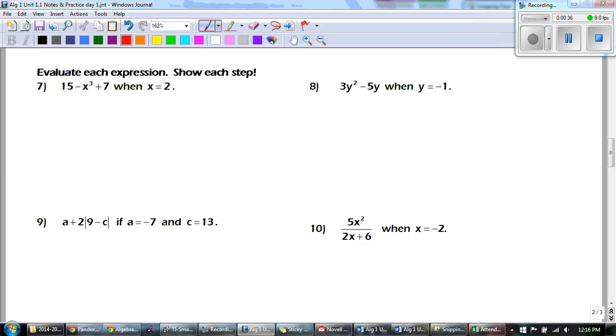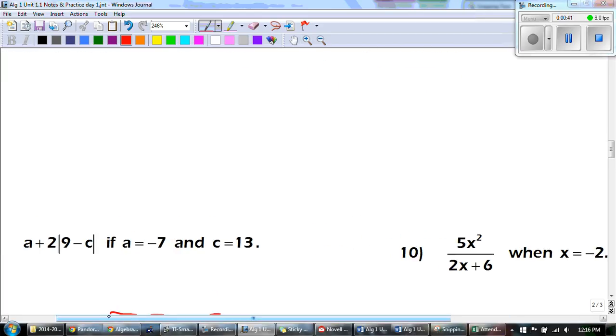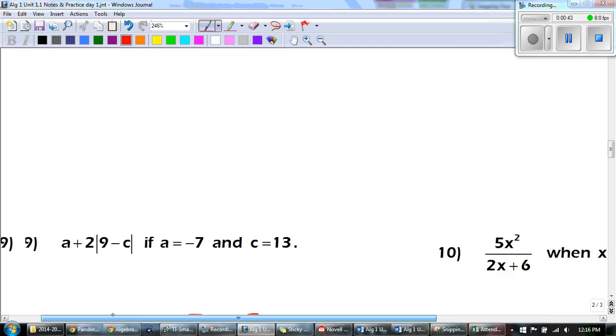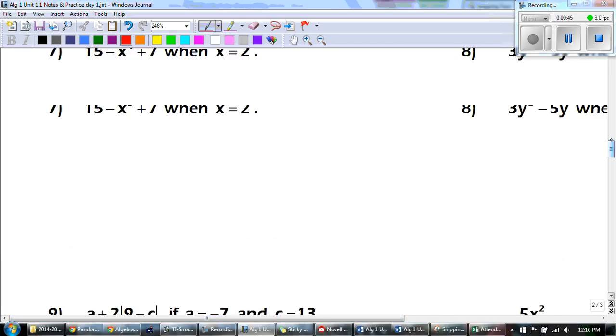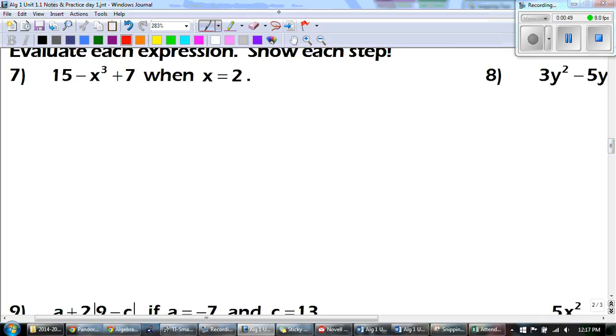Now, the main difference now is we got these funny looking letters inside each one of these problems. So what do we have to do? Well, what we have to do is find wherever this variable is, and plug it in.